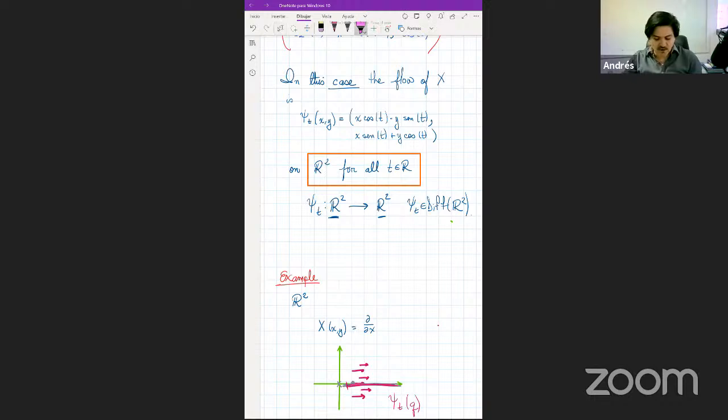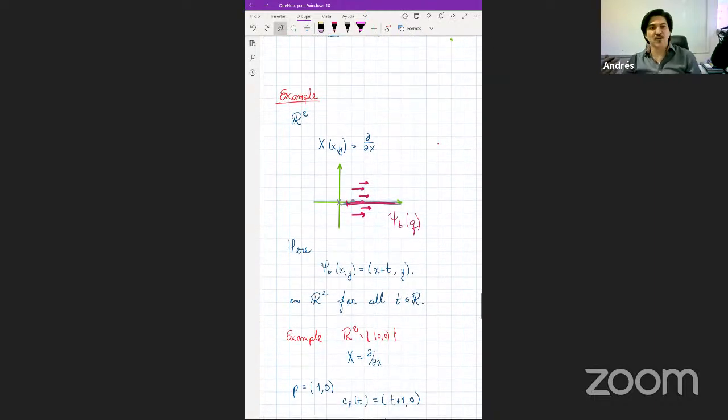I can no longer say this. And you can look at this either way, only on points on the x-axis.